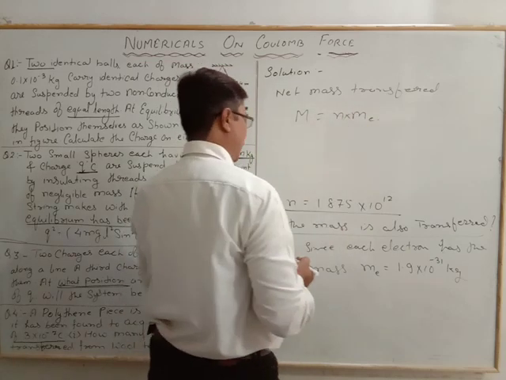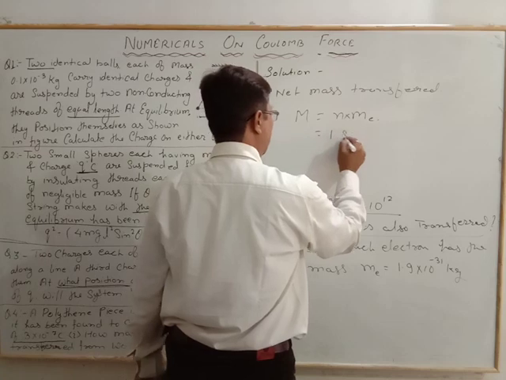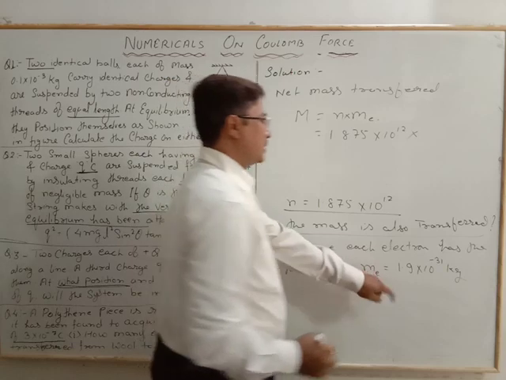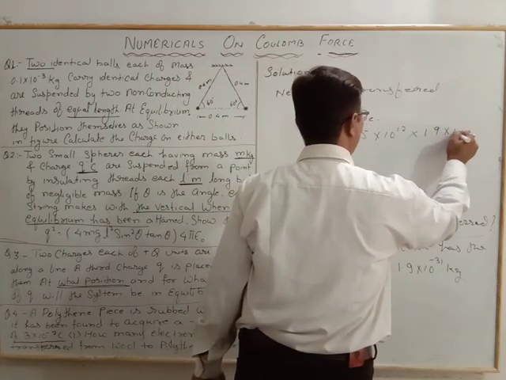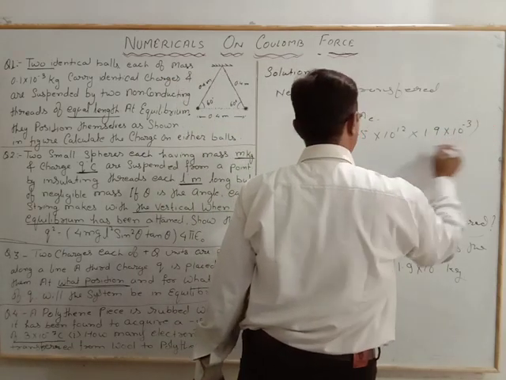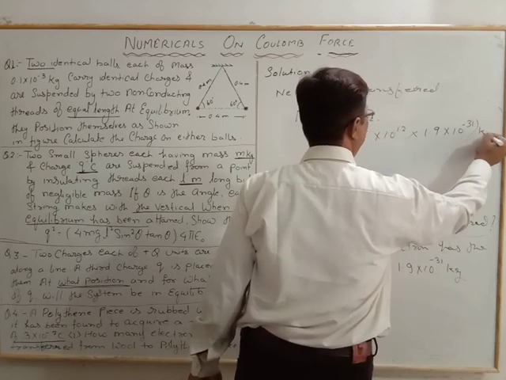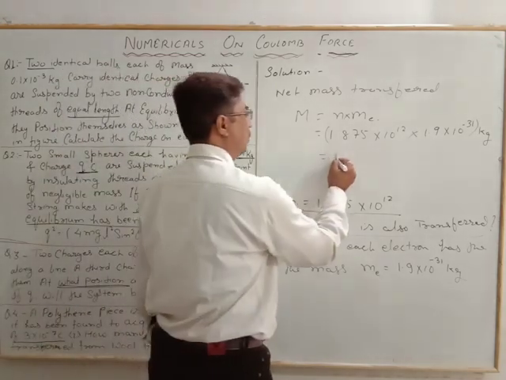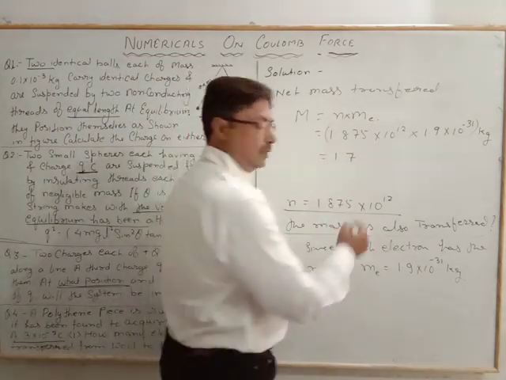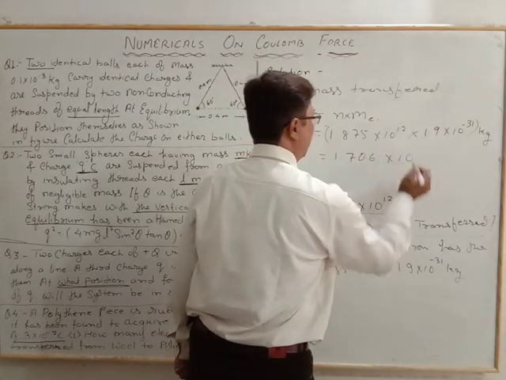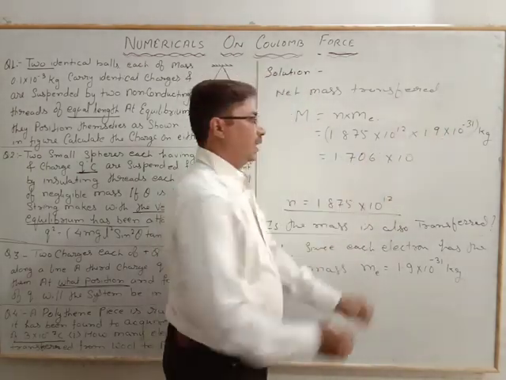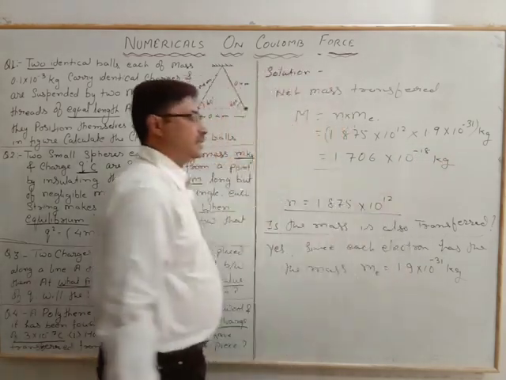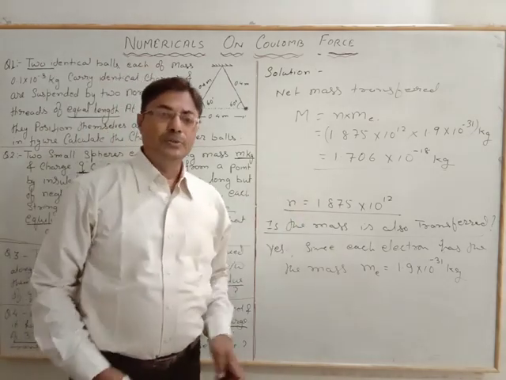So we write 1.875 into 10 to the power 12 into the mass of the electron, 9.1 into 10 to the power minus 31, and that much mass in kg will shift. Now we calculate this, and it comes to about 1.7 into 10 to the power minus 18 kg. Such an amount of mass will move from one body to the other.